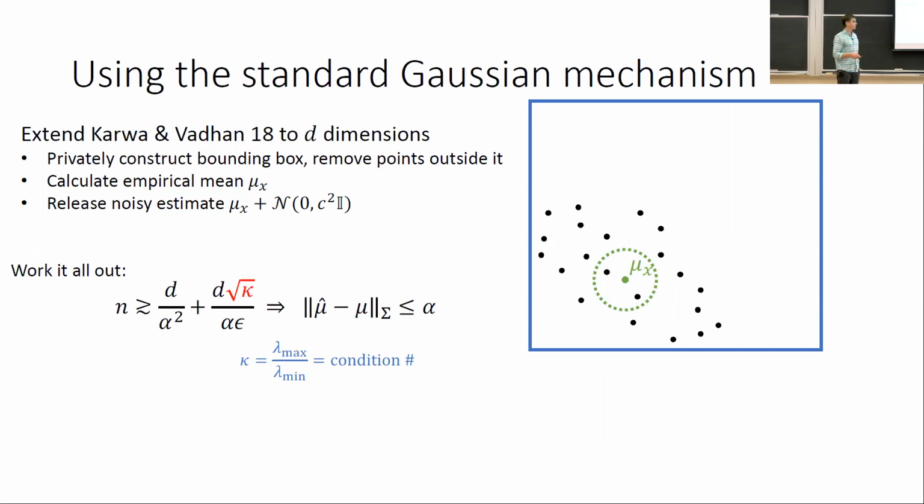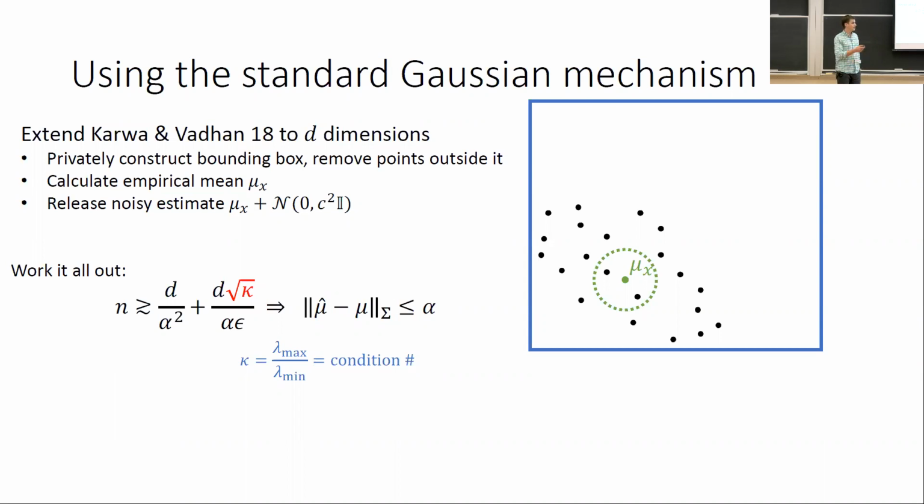And if you work this out, if you want the Mahalanobis distance guarantee, the number of samples you need actually must scale with the condition number of the underlying matrix, the ratio between the max and min eigenvalues. This is a problem because condition numbers can be quite big in practice. The reason for this is basically that the Gaussian noise needs to scale with the size of the box, which needs to scale with the largest eigenvalue.